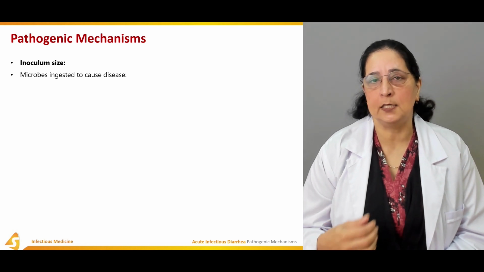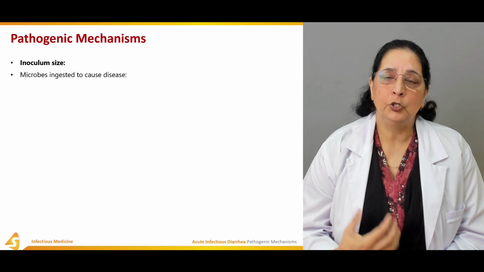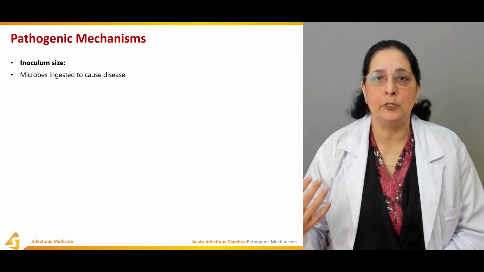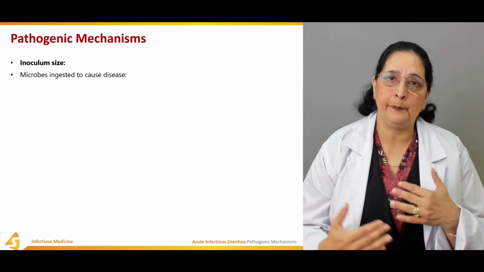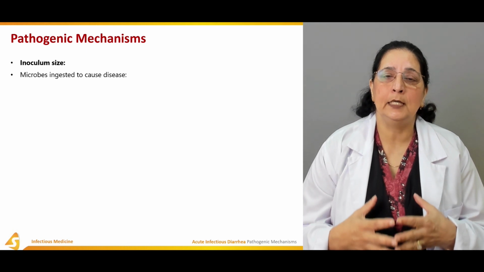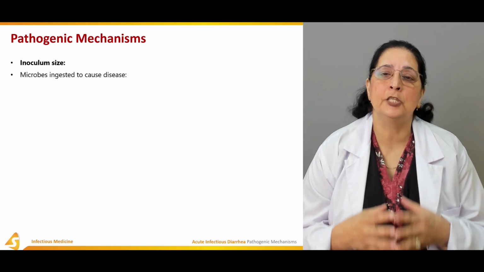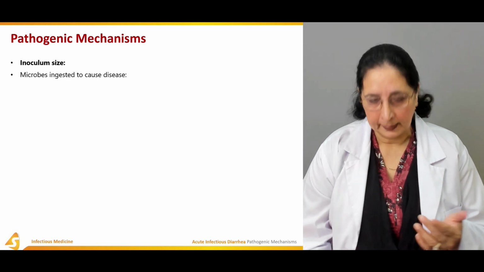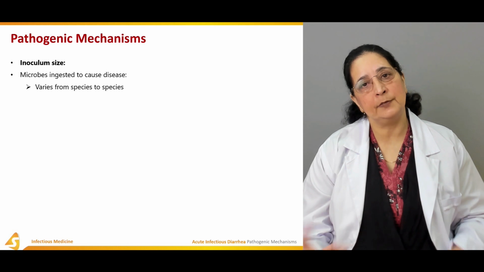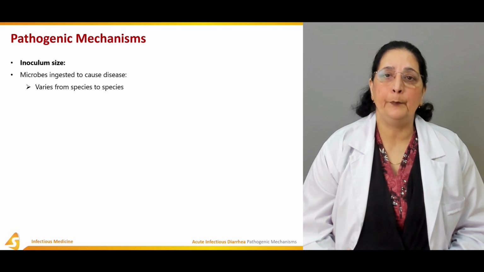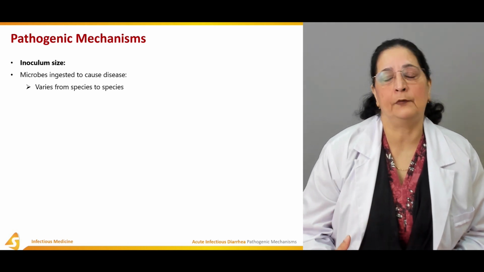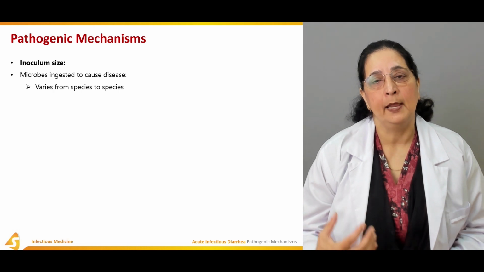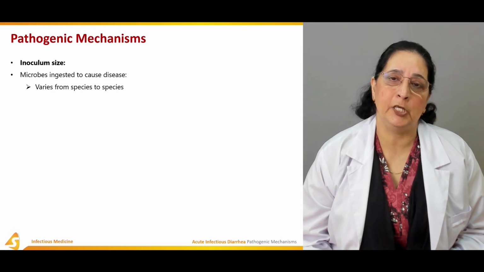For some microorganisms we need only a few to cause a disease, for some we need more. So it varies from species to species depending on the virulence of the microorganism and the vulnerability of the host.